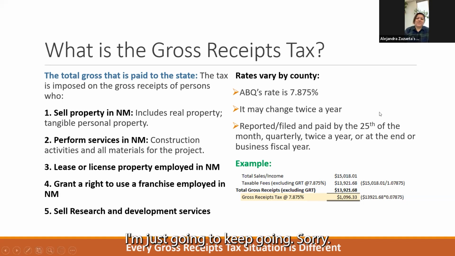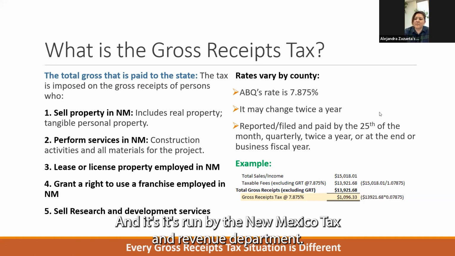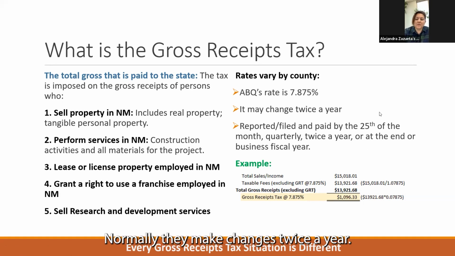Sorry. So the rates are different depending on which county you're in. You can look at the rates online on the same website. It's called the NMTAP, and it's run by the New Mexico Tax and Revenue Department. Normally, they make changes twice a year.